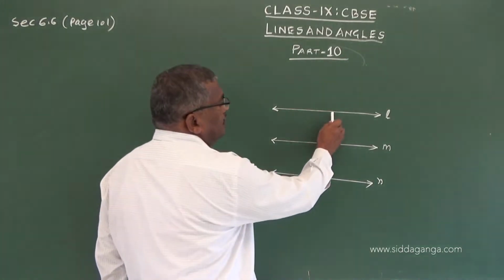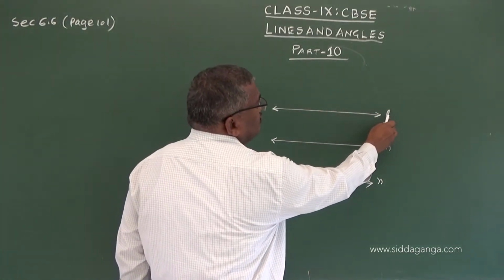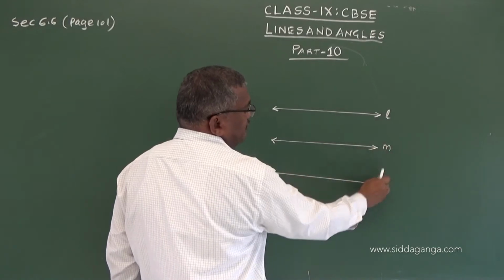Likewise, they are also named in small letters: line L, line M, line N.